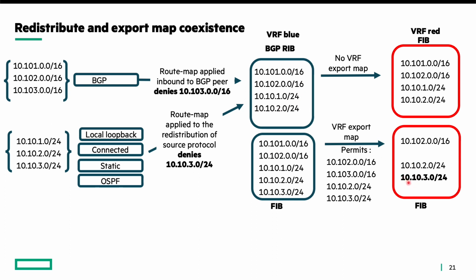What is important here, and maybe not obvious the first time, is that 10.10.3, which is not part of the BGP table because we deny this prefix in the redistribution from OSPF to BGP, is still leaked and still part of the VRF FIB.